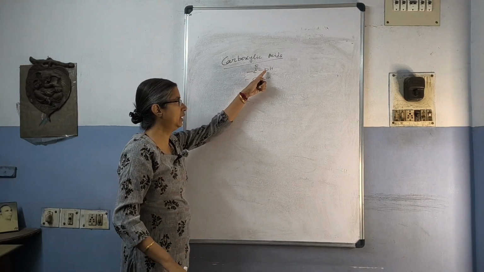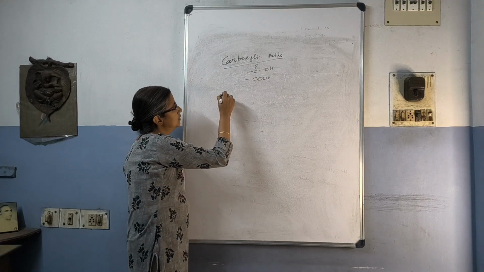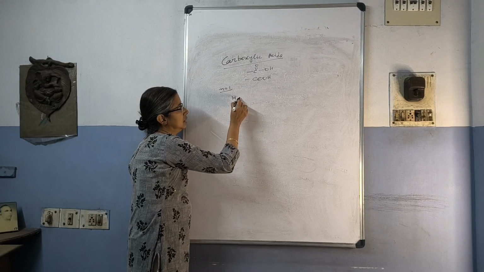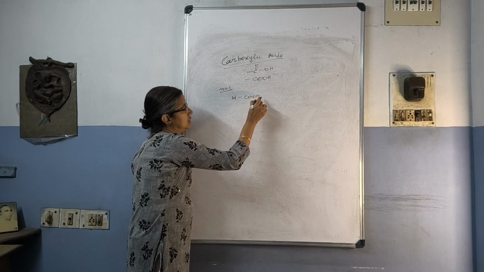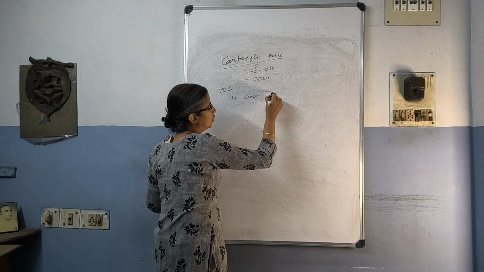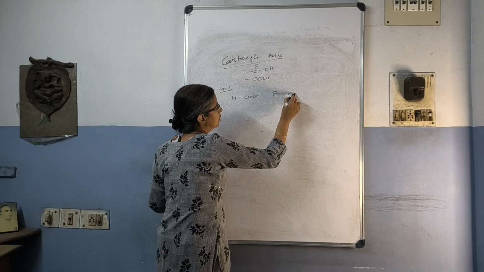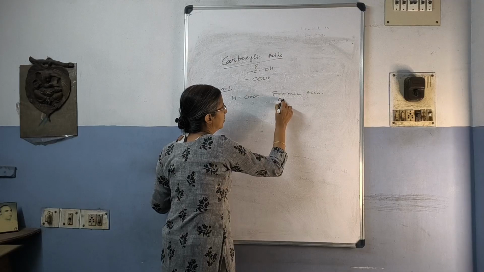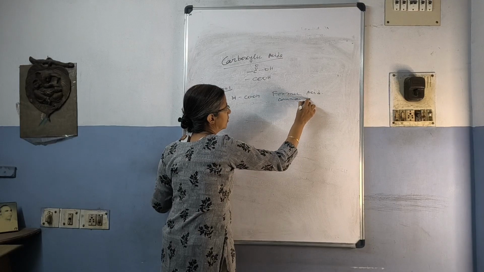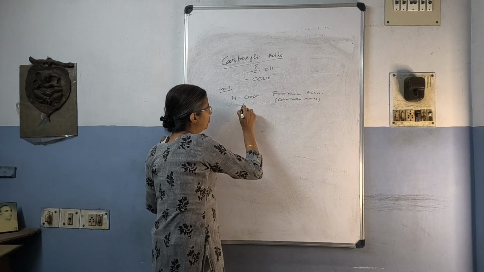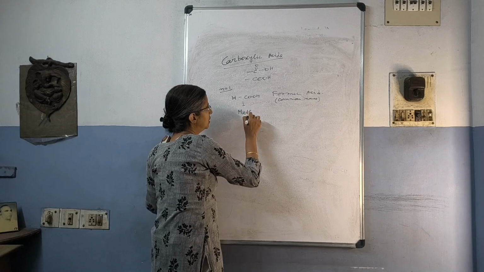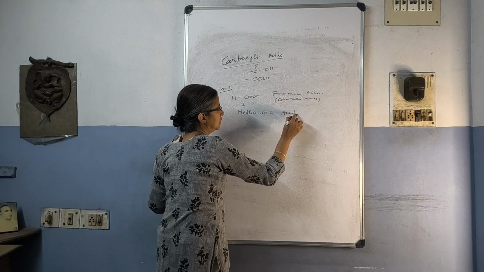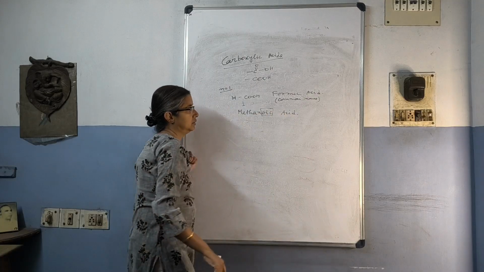One is double bonded O and the other is OH. So the first member when n equal to 1 is HCOOH. This is normally called formic acid, which is the common name. But its IUPAC name is methanoic acid, that is -oic acid.